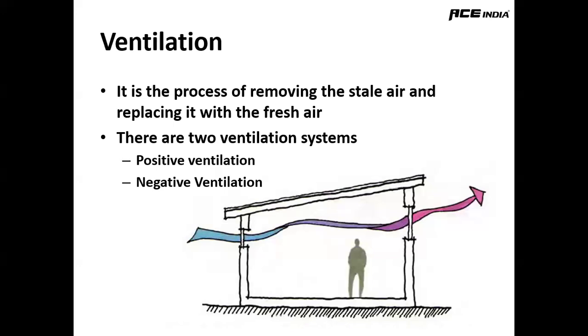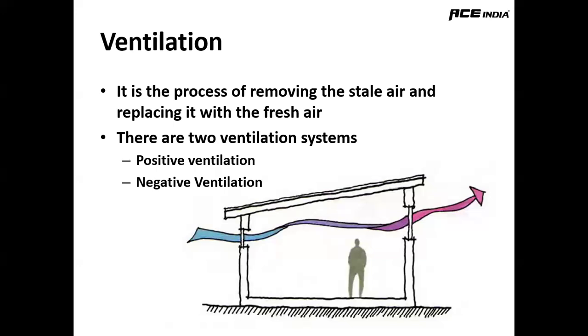There are two kinds of ventilation approaches. The first one is positive ventilation. What is it? Positive ventilation implies that with the help of a fan, you will be allowing the fresh air directly into the rooms. Once again, in the case of positive ventilation, with the help of fans or blowers, we will be admitting fresh air directly from outside into the rooms.